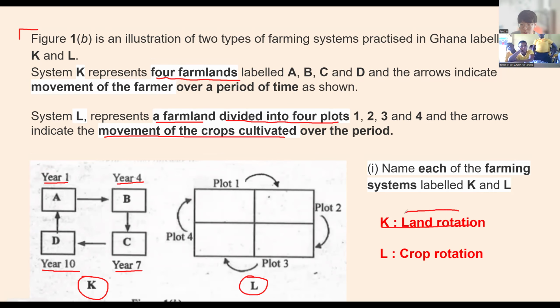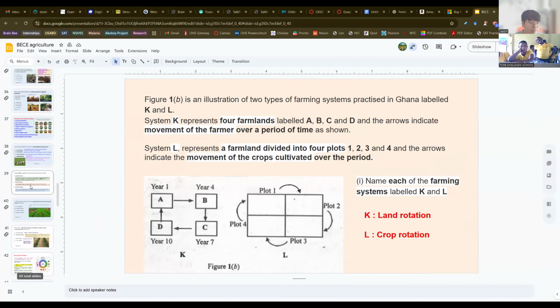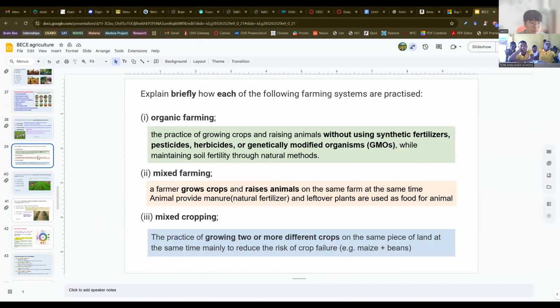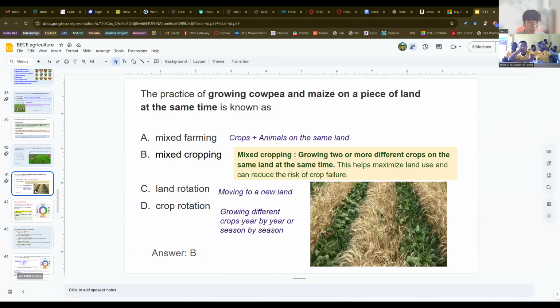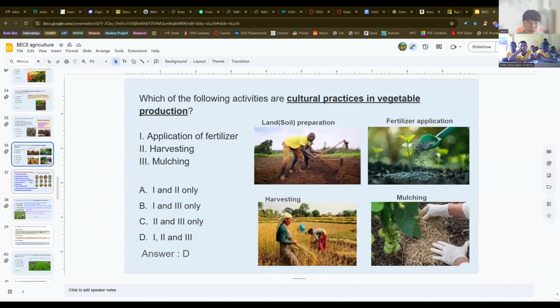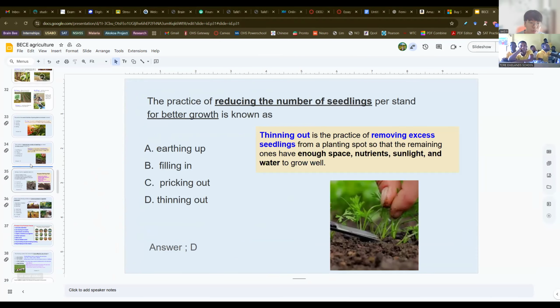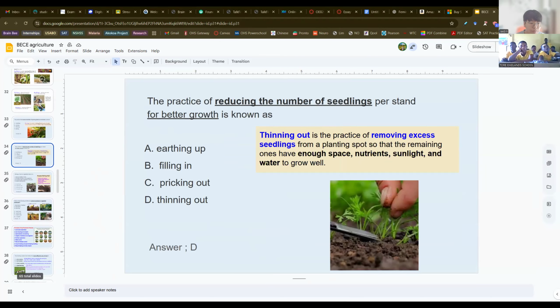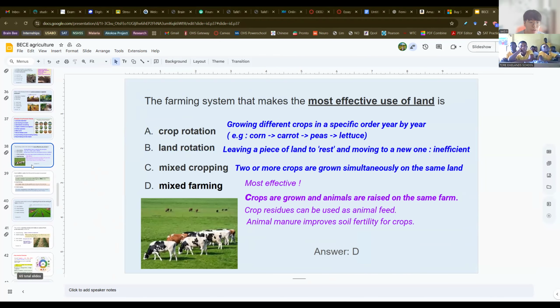And what was land rotation again? Let me go back to this other slide. Yeah, here.